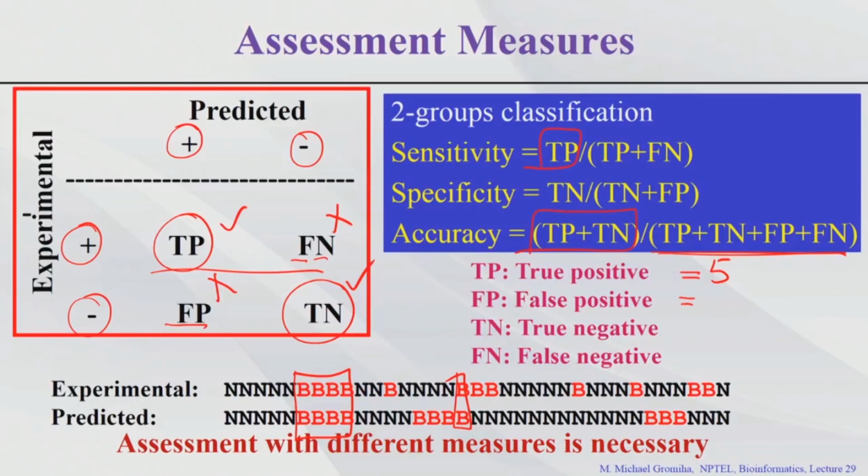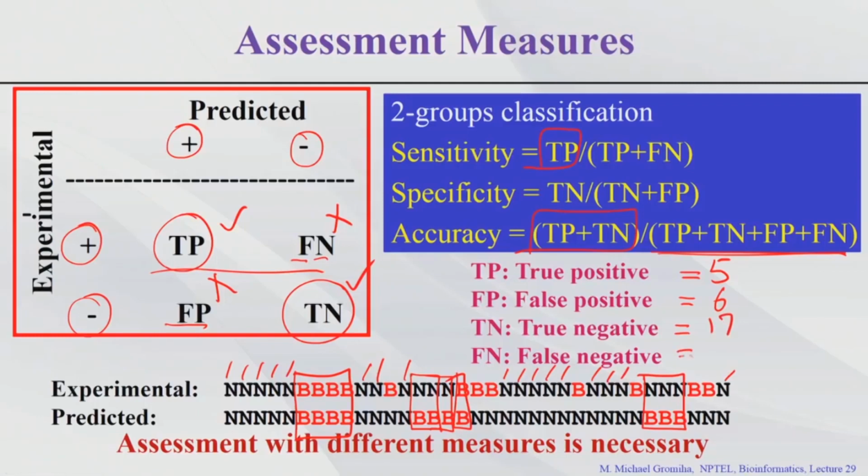Predicted as plus but actually negative: 3. Then true negatives: 1, 2, 3, 4, 5, 6, 7, 8, 9, 10, 11, 12, 13, 14, 15, 16, 17.